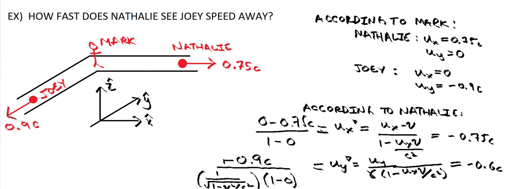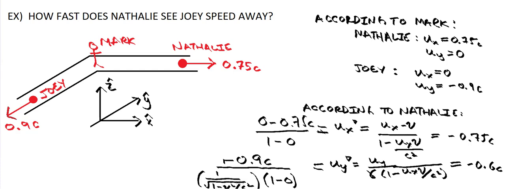And if we try this, v squared, 0.75, is about minus 0.6 when we plug in the values for v.